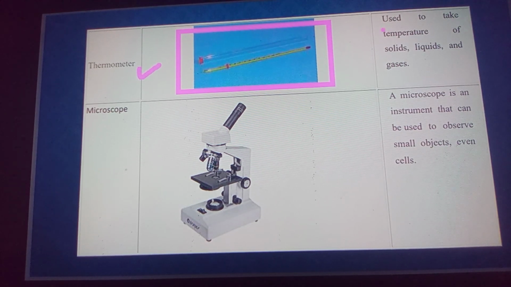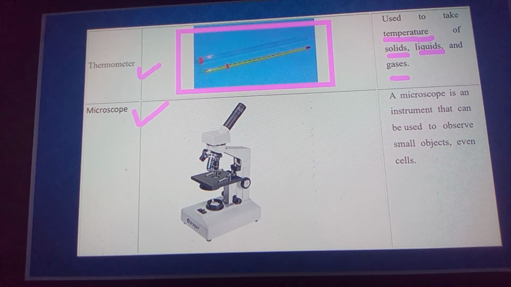So these thermometers are used, of course, to measure the temperature of either solids, liquids, and gases. So these are main uses of these thermometers in the laboratory room.